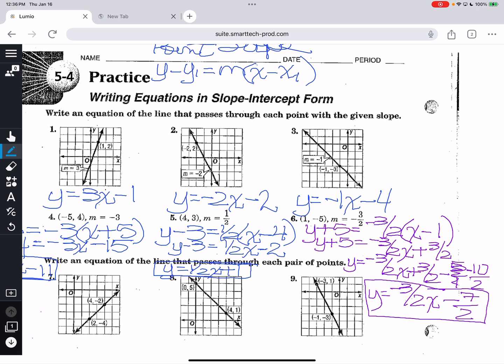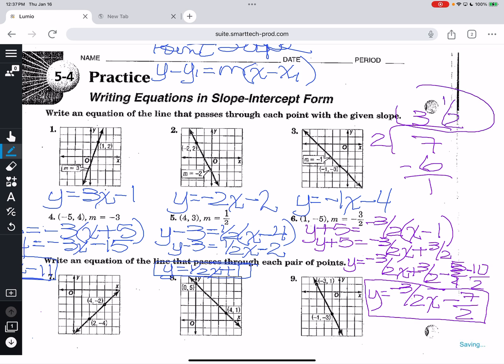You say 7 divided by 2. 2 will always be your denominator. 2 goes into 7 3 times. 2 times 3 is 6. You can't get to 7.